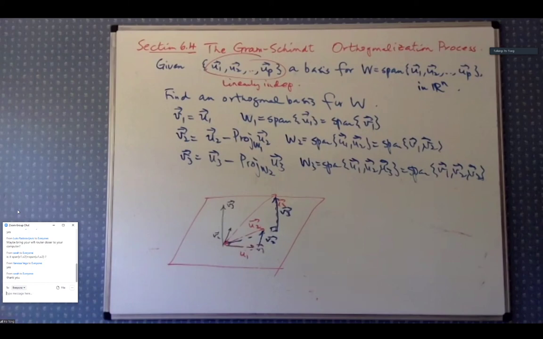And I talked about the importance of having an orthogonal basis last time. Because if you get an orthogonal basis and scale it, it becomes an orthonormal basis, then you have a matrix. That matrix as a transformation will preserve the inner product, which means that it preserves the length and preserves the angle. And that's important. So we'll use that a little bit in chapter 7.